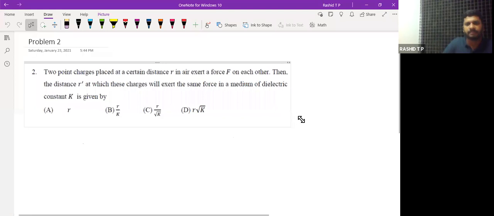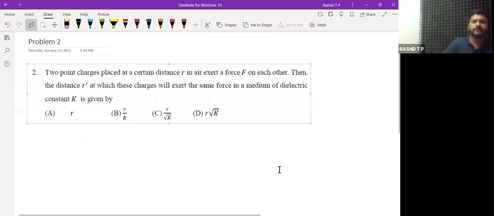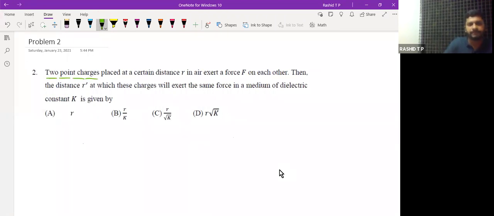Fine, I make it a bigger size. Actually, two point charges placed at a certain distance r. Now, while doing such kinds of problems, better you start drawing the picture. Two point charges, that is, let us make Q1 and Q2, placed at a certain distance r in air.